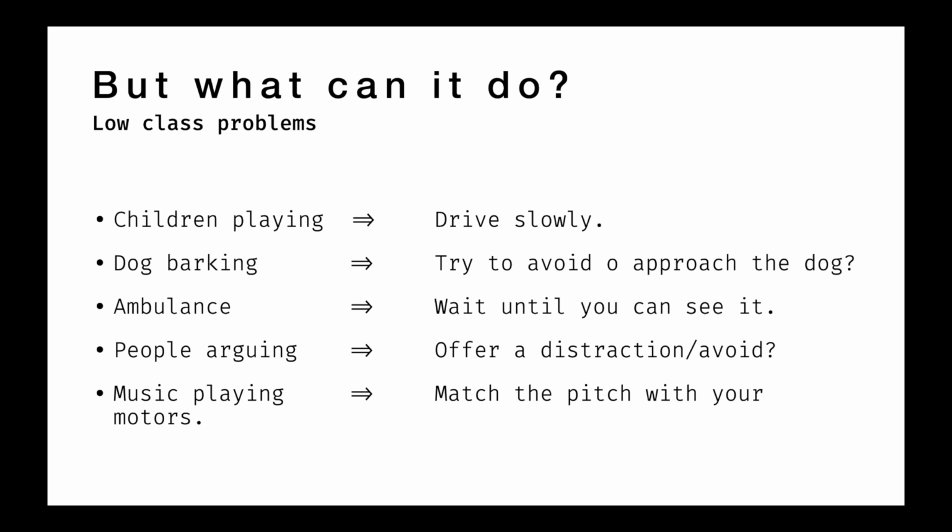But if you are a robot in a much more social context, at a social gathering of any sort, and you detect that people are arguing, and the robot can detect a level of aggravation, you could offer distractions or avoid that area. And if music is playing, you could try to either be quiet or match the pitch with your motors as well, etc. There are many ways in which you can adapt and react to that.